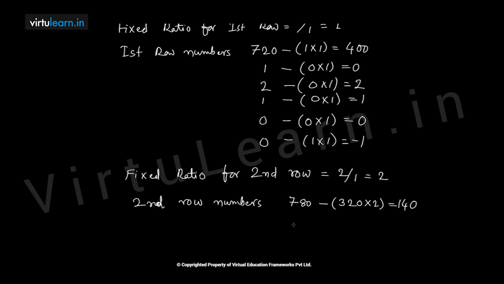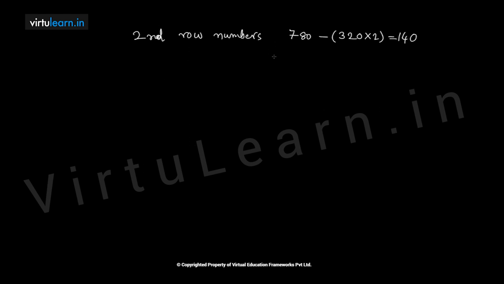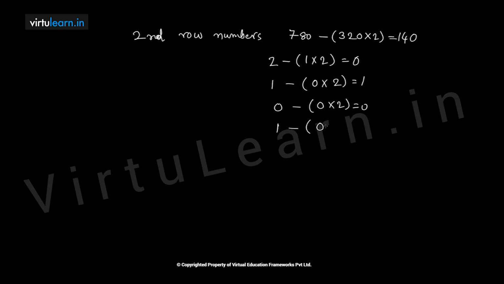Then 2 minus 1 into 2 gives us 0. 1 minus 0 into 2 gives us 1. 0 minus 0 into 2 is equal to 0. 1 minus 0 into 2 is equal to 1. 0 minus 1 into 2 will give us minus 2.